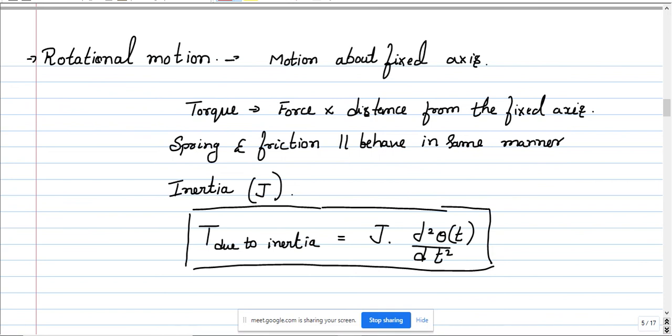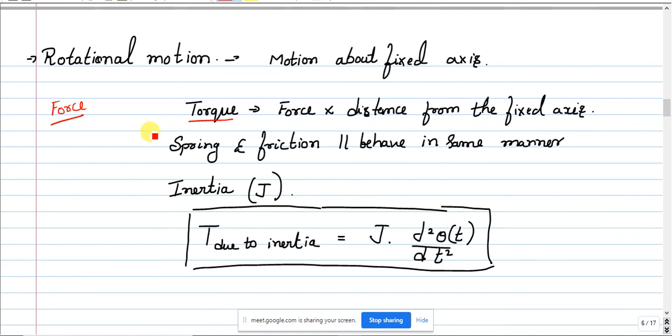See, the rotational system, you can see the definition: a motion about a fixed axis, we call it a rotational system. When it has translational motion, force comes into the picture, whereas here it will be torque. Torque is measured as force into distance from the fixed axis.